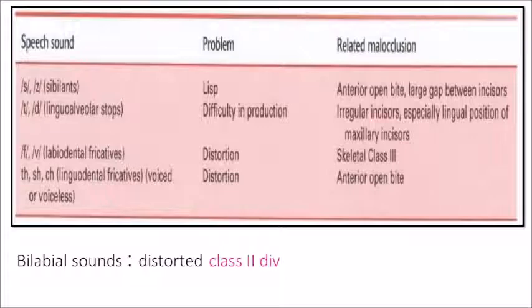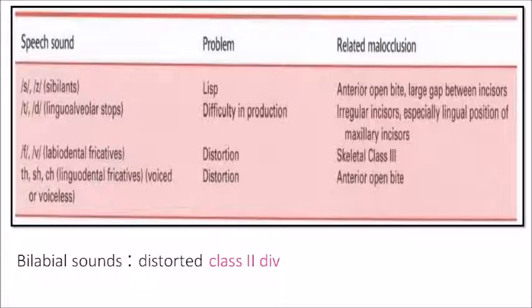If it is a skeletal class 3 case, that is due to mandibular prognathism or maxillary retrognathism, the labiodental fricatives are distorted. Now, in addition to lisping, anterior open bite also causes distortion of linguodental fricatives, that is dha, sha, ish.